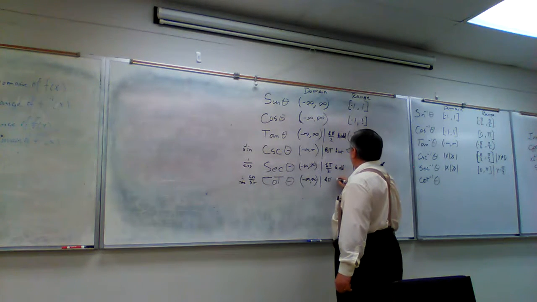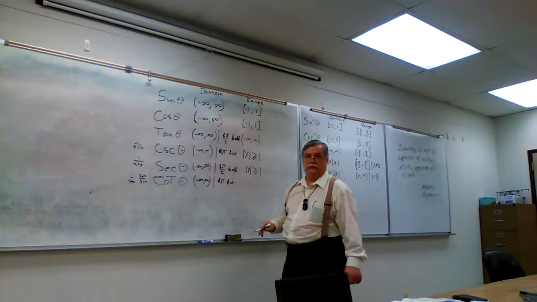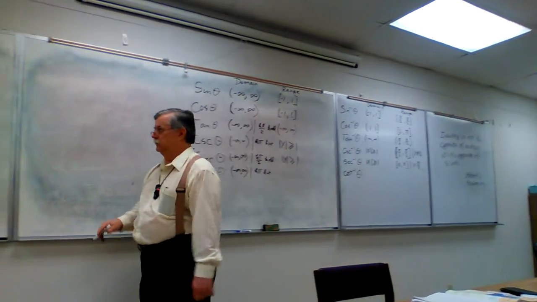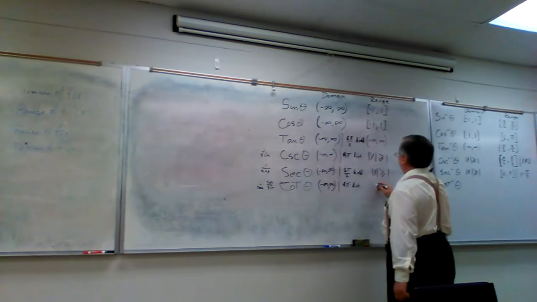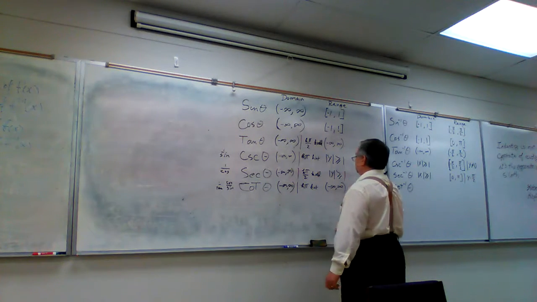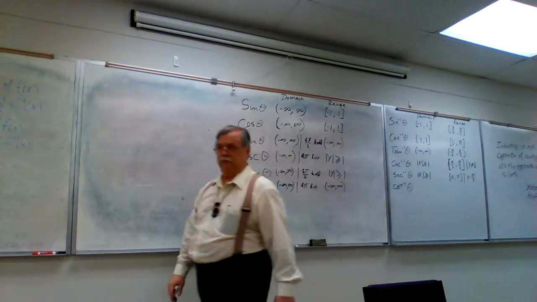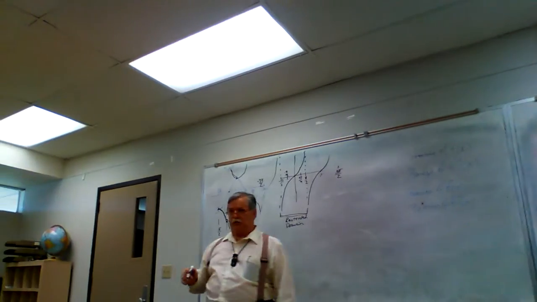Any k times pi where k is an integer. And its output range: cotangent gives you anything from negative infinity to infinity without exclusion. But it's negative infinity to infinity exclusive.